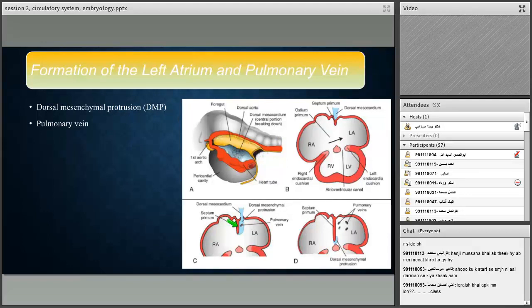The remaining portion of this mesenchyme contributes to the formation of the endocardial cushions at the side of the atrioventricular canals, and also the pulmonary vein is expanding in this mesenchyme. At this time it is dividing into 4 parts and forming the pulmonary veins. Okay, understood?